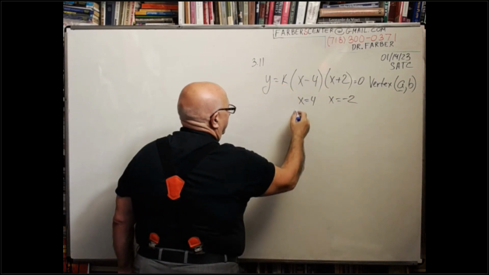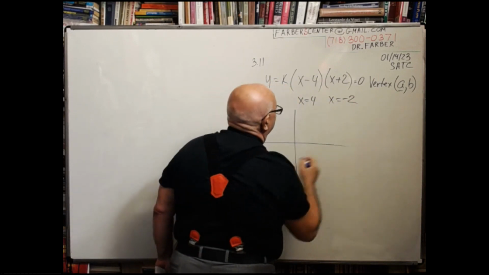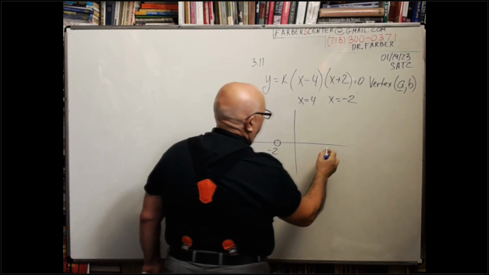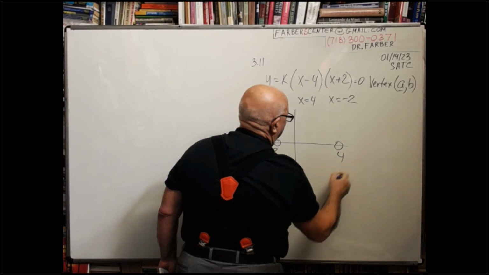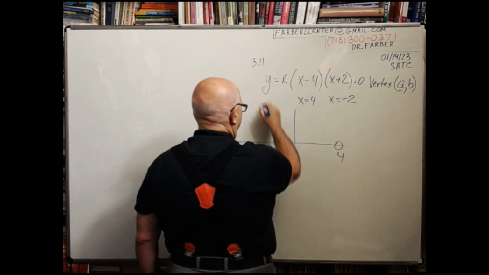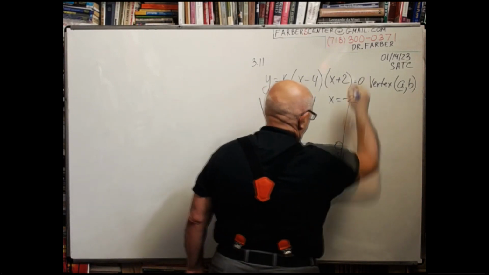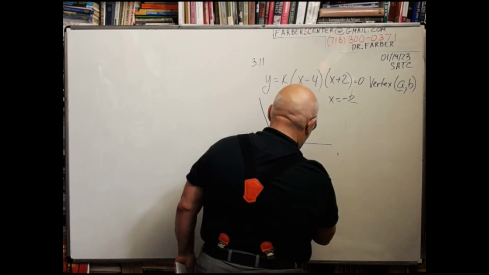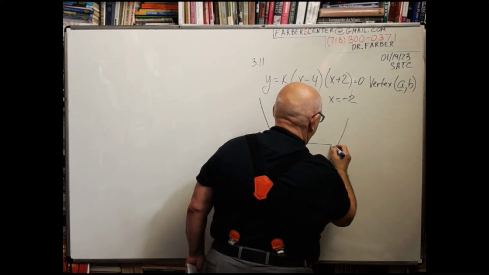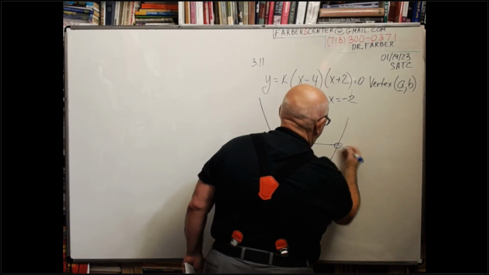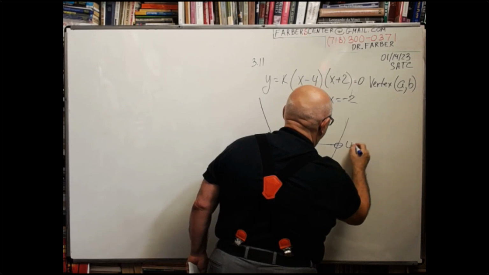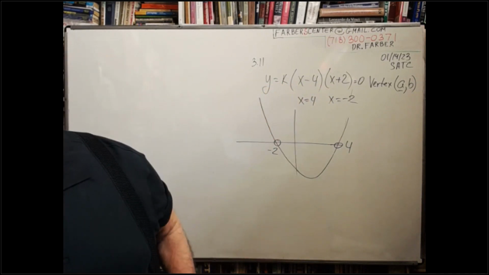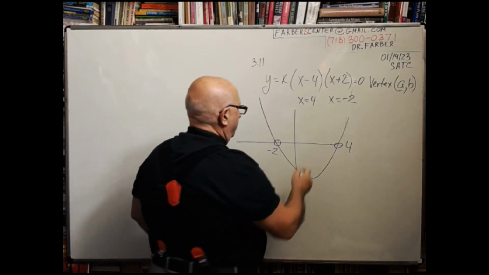Let's make a sketch. Let's say this is -2 and this is 4. And parabola goes something like this, not to scale. If I take different color, you know, Nicole, this parabola always symmetrical, right?